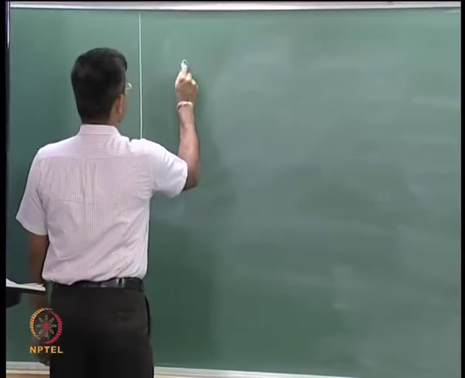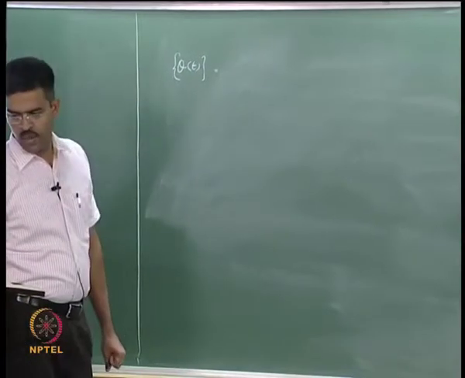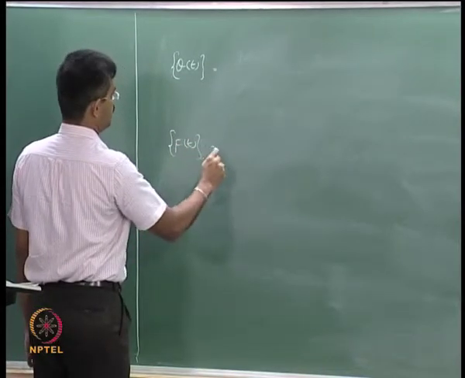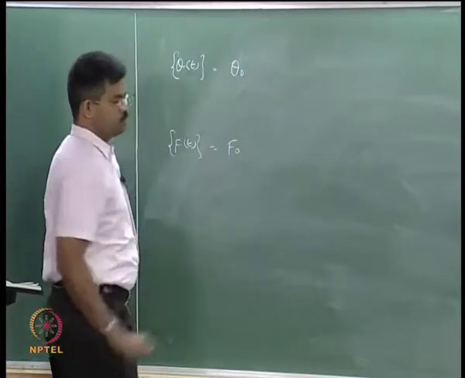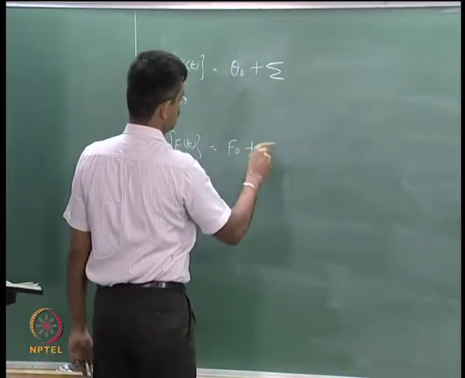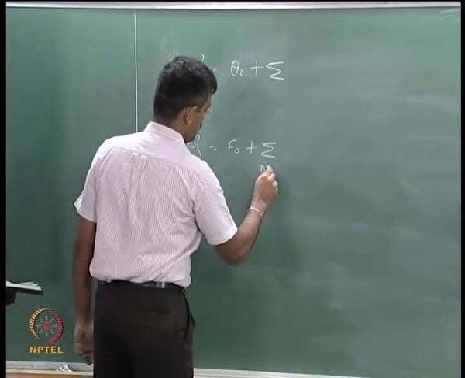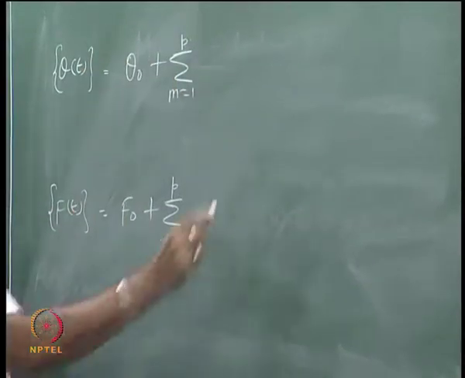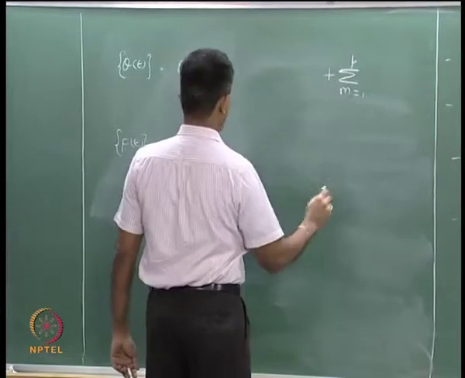So, theta of t and f of t can be written as theta 0, f 0, summation m equals 1 to p of the sine component and the cosine component.